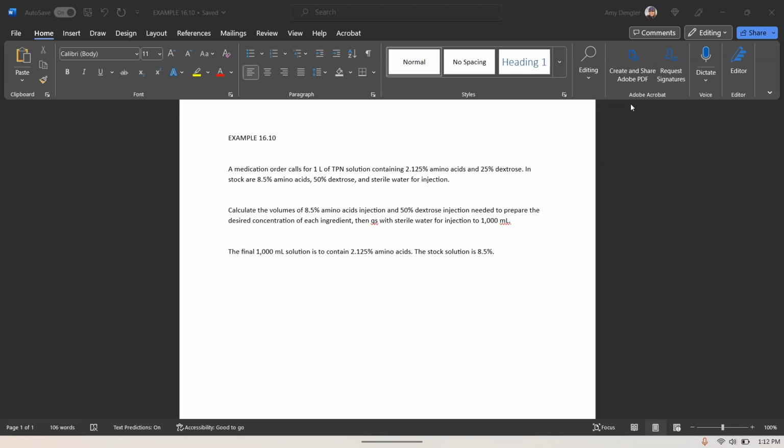Then QS with sterile water for injection to 1,000 ml. So what that's saying is the final 1,000 ml solution is to contain 2.125% of amino acids, and the stock solution is 8.5%. So for this one, we're going to go back to chapter 15 and do one of our dilution problems.